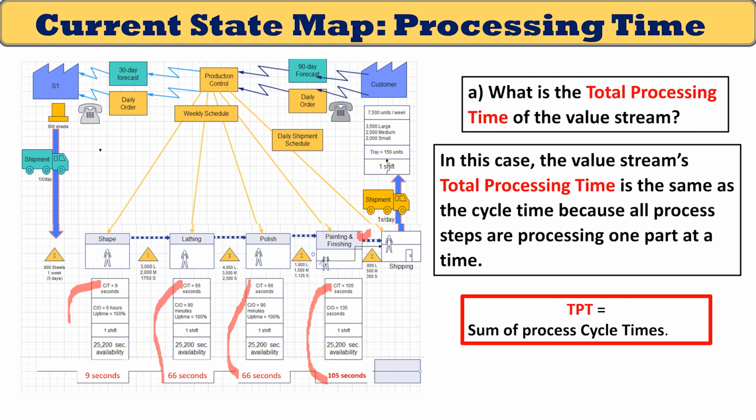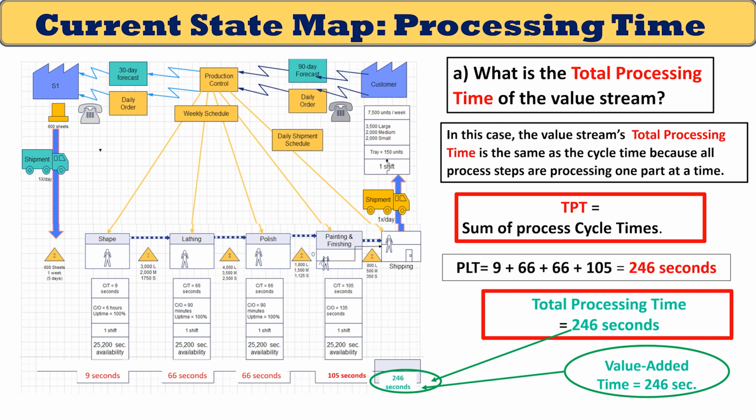Then, to find the total processing time for the entire value stream, we sum up the cycle times of all process steps, resulting in a total processing time of 246 seconds. This time is considered to be value adding. We call it the value adding time or value added time.